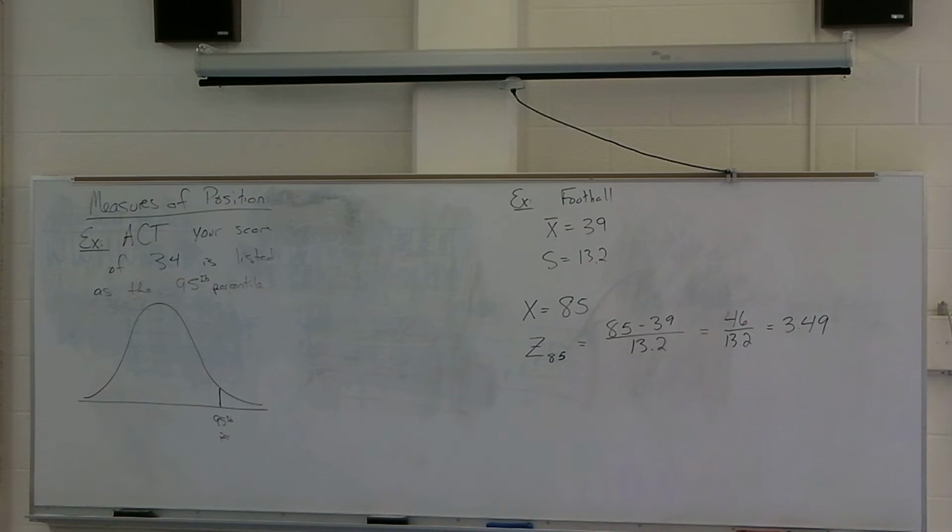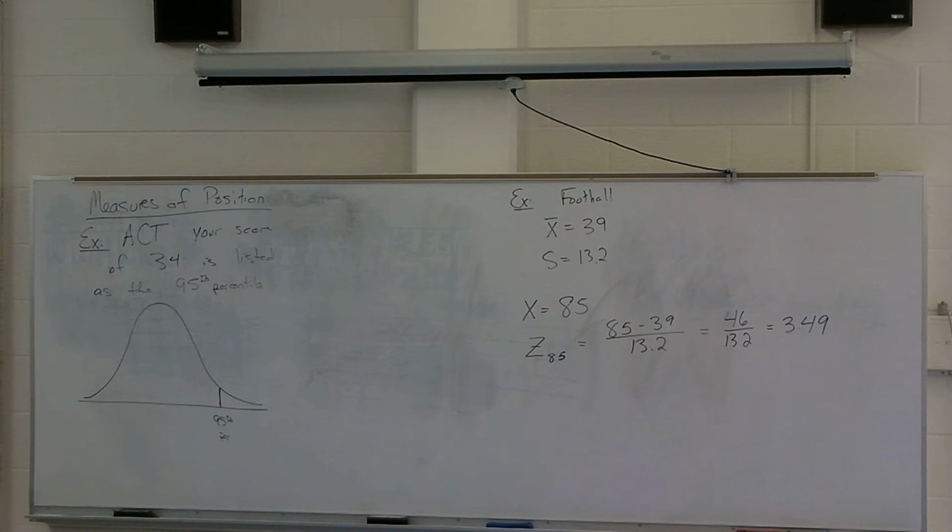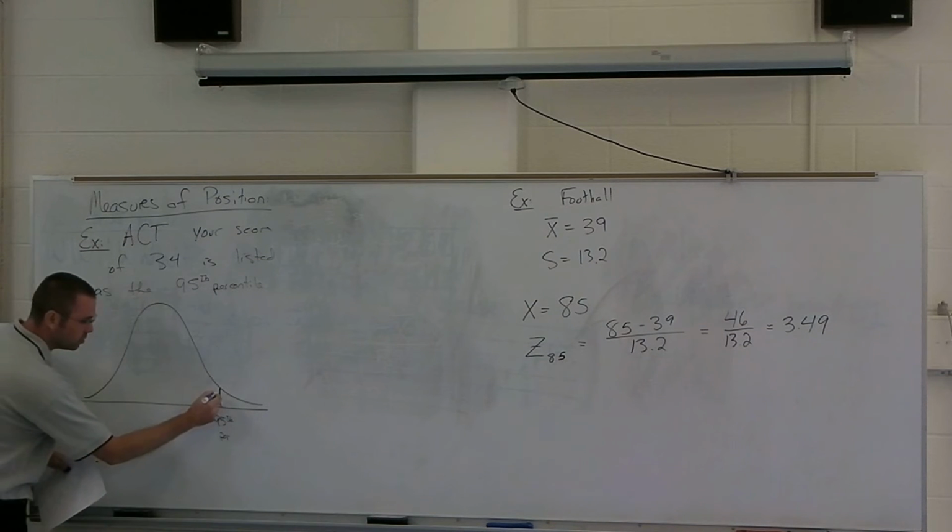Now, in terms of looking at this picture, how could you interpret that 95th percentile? How should you interpret your 95th percentile score? 5% of the people did better than me. Go ahead, Rodney. There's only 5% of the people who took the test that scored better than me. Right, so in one way, you can look at this 95th percentile as saying that only 5% of people scored above your score.